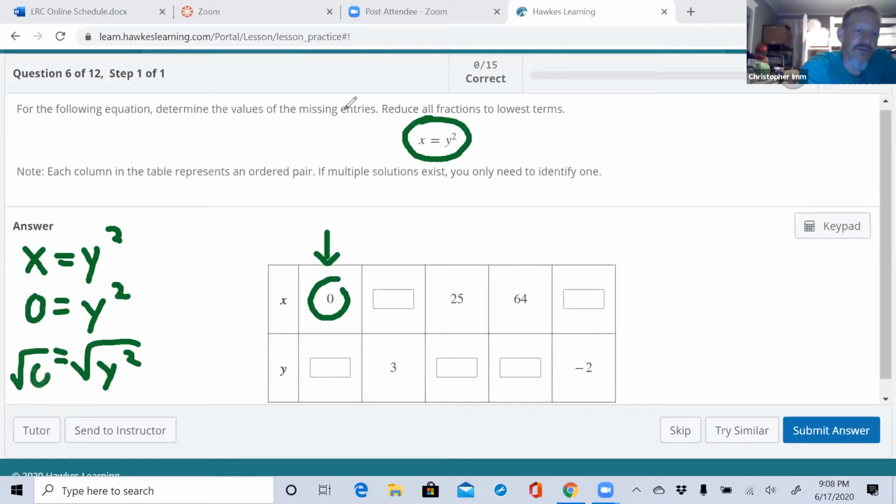And what that means is if I want to just take the square root of something, I need to do plus or minus. Now in this case, it's not going to matter because plus or minus the square root of 0 is still 0. But we need to remember that plus and minus for our answers. So in this case, our y value is going to be just 0.